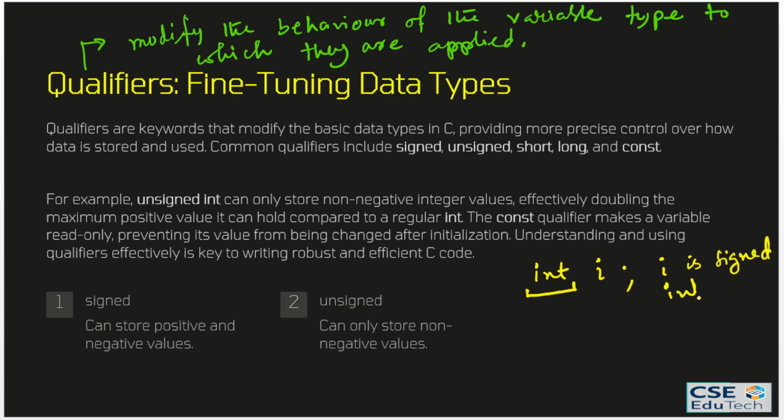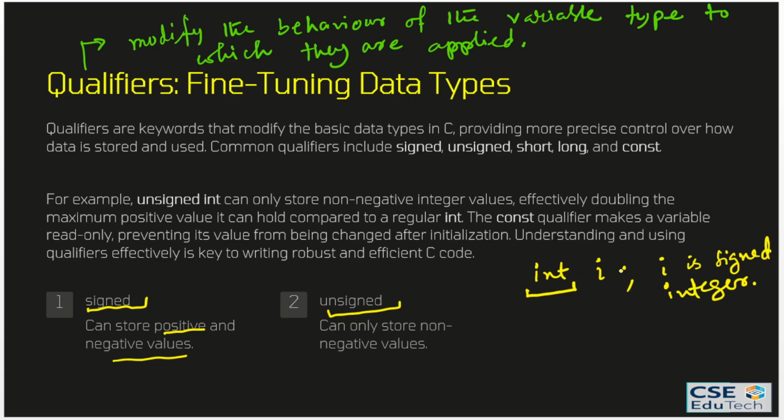Signed means it can hold both positive as well as negative values, but in case of unsigned, it can store only the non-negative values. So int I is a variable of type integer.